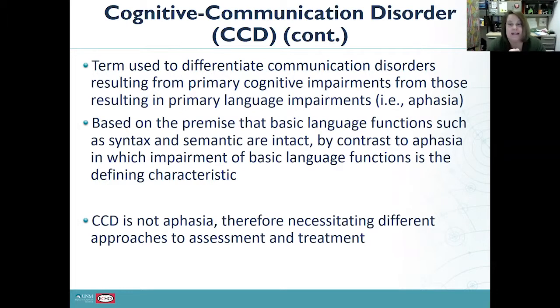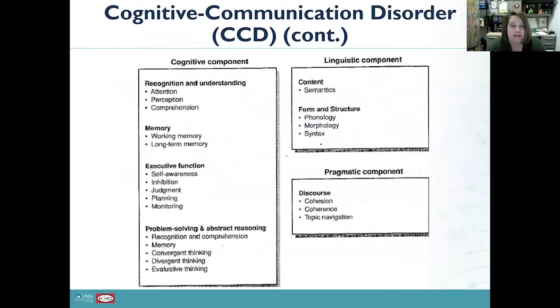And CCD is not aphasia, and we need different approaches to assessment and treatment. That's what I'm trying to bring awareness of here. We know that CCD has unique features from aphasia, unique comorbidities, unique trajectories of change over time.